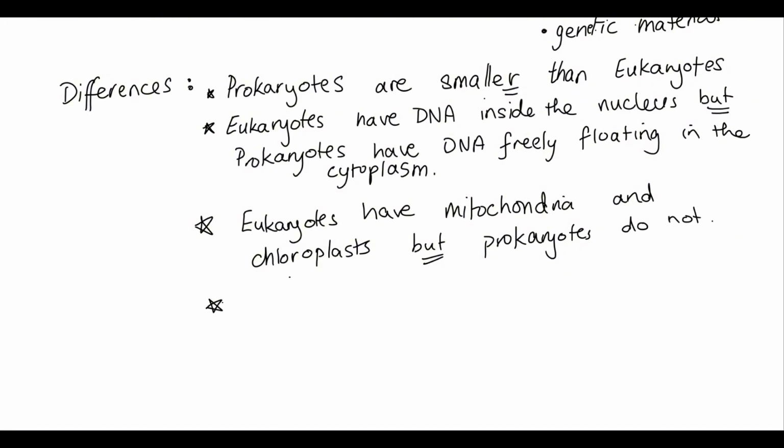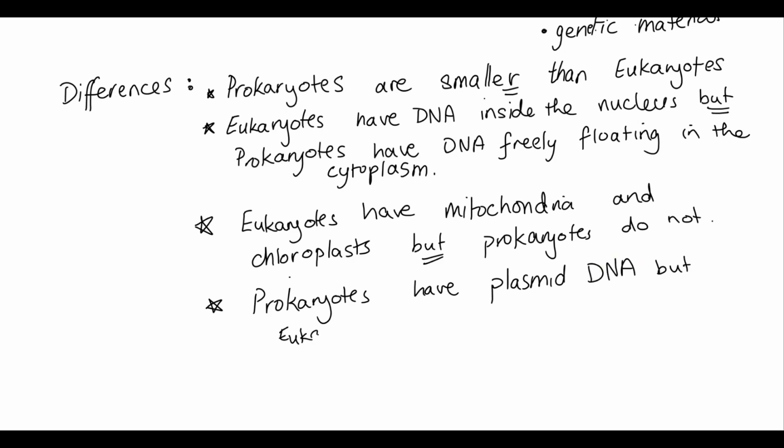There is something called plasmid DNA. I'm going to explain that in a little bit more detail in a second, but prokaryotes have plasmid DNA. But eukaryotes do not. And plasmid DNA is rings of really small DNA that they can transfer from one bacteria cell to another bacteria cell.